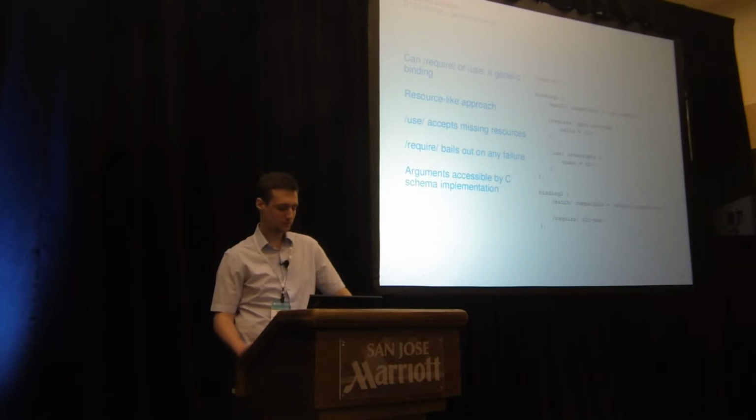So you add the require or use keyword, specify name of the generic binding, and then optionally list some arguments that should be passed to the C code to customize the binding for device needs. The difference between use and require keywords is basically the same as with property with or without the optional keyword.